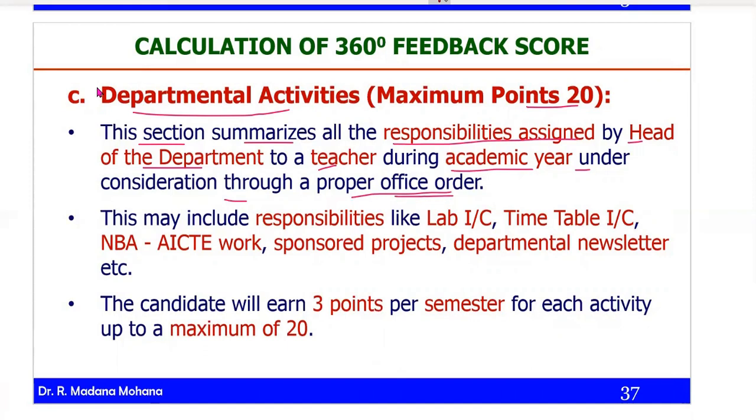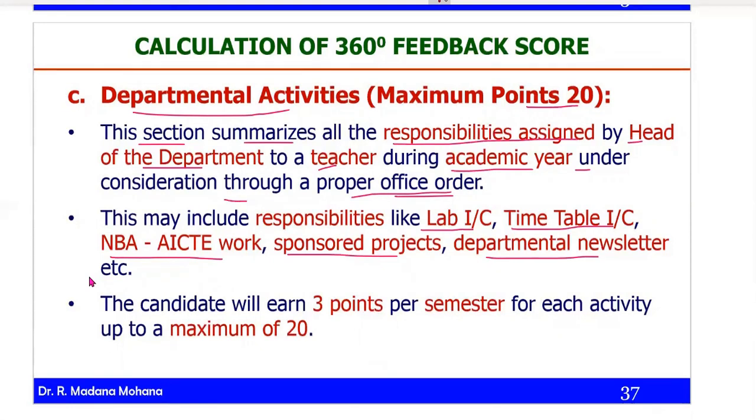The responsibilities may include a lab in charge, a timetable in charge, NBA AICTE work, sponsored project, departmental newsletter, etc. These are some examples of responsibilities. Any of these responsibilities should be given through a proper office order.